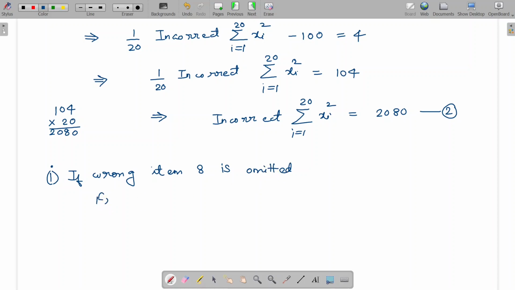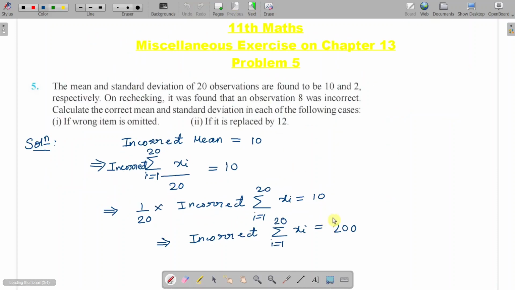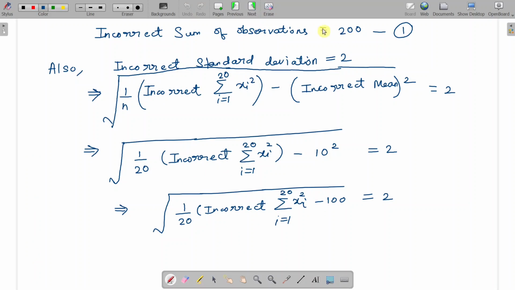Now from equation 1 what we get? From 1 we have incorrect summation i going from 1 to 20 xi is equal to 200, right. Here we had got this.